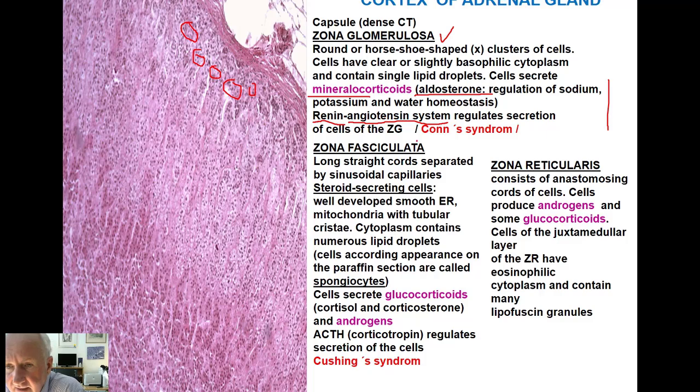Here is a mark, Mr. Conn. Conn's syndrome is an unpleasant disease with a big production of aldosterone, higher production of aldosterone, which is called by another name hyperaldosteronism.